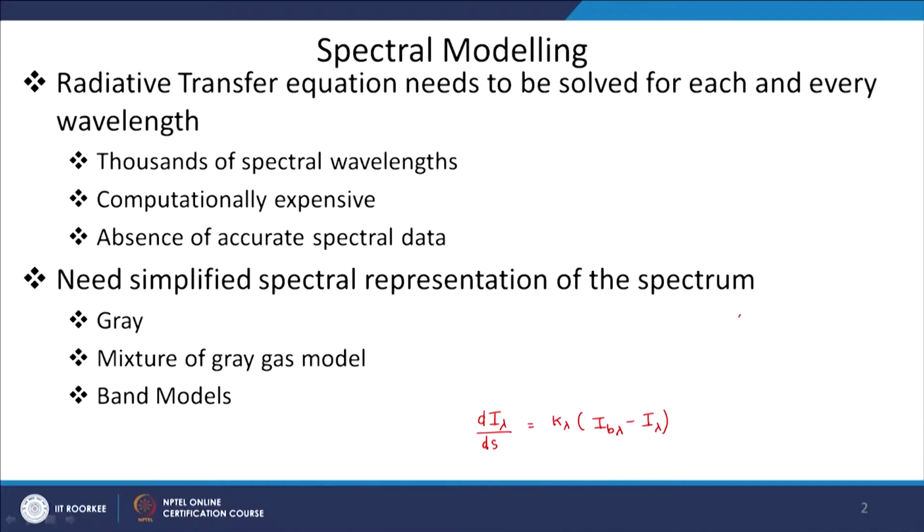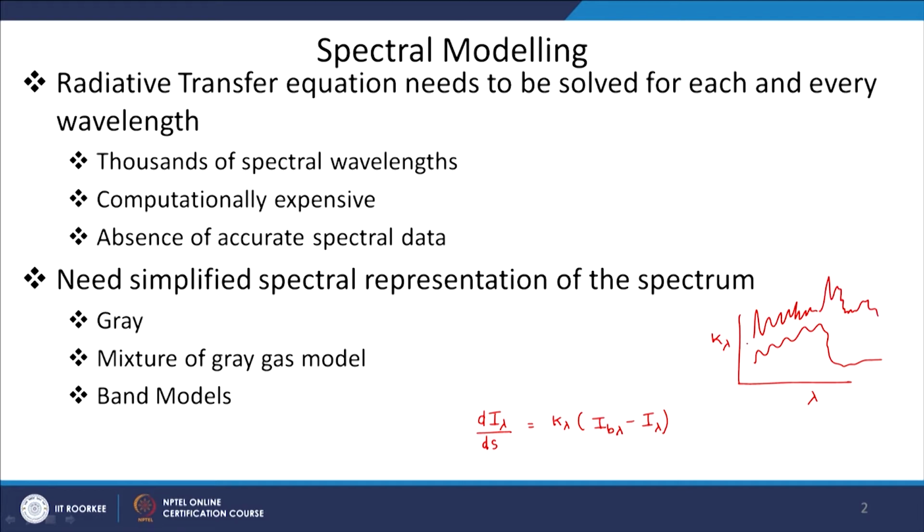For example, if you have a spectrum of kappa lambda, that is absorption coefficient varying with wavelength, the variation may be relatively smooth or it may be very erratic, it may be forming bands.